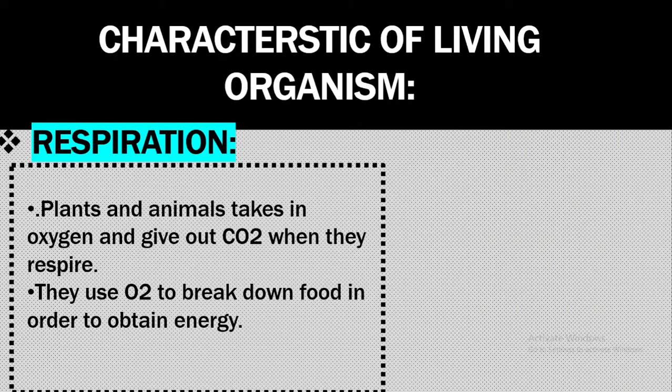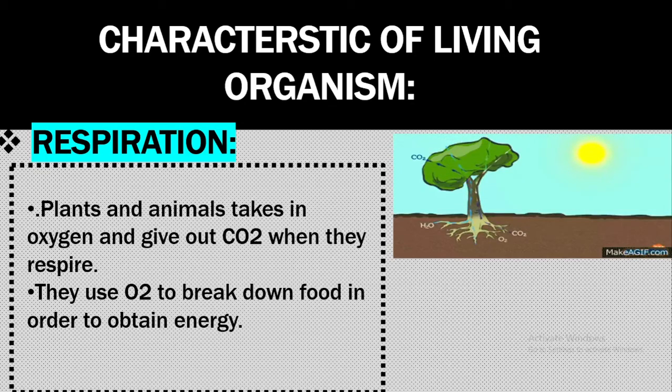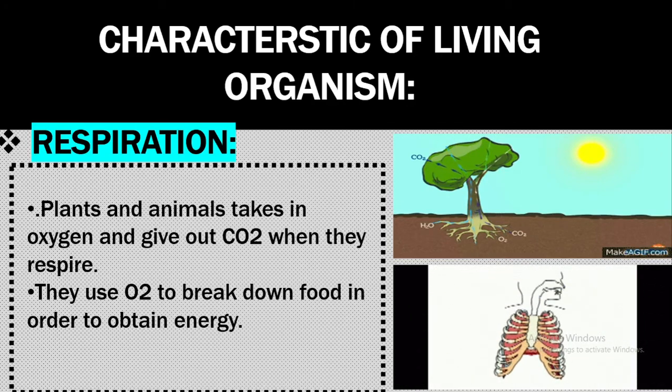Number 2 is respiration. What is respiration? Plants and animals take in oxygen and give out carbon dioxide when they respire, and they use oxygen to break down food in order to obtain energy. If you cover your mouth with your hands and breathe on them, your hand will feel warm.